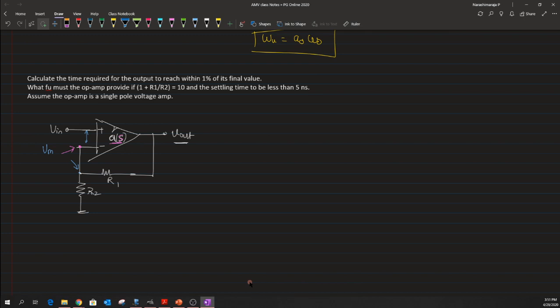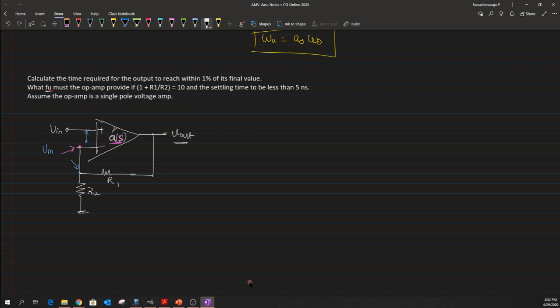In this case, we have been asked to calculate the time that is required for a step input applied at the input to make the output reach its final value. That is the first question, and later you have been asked to calculate the factor fu.